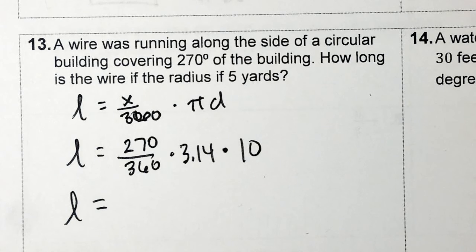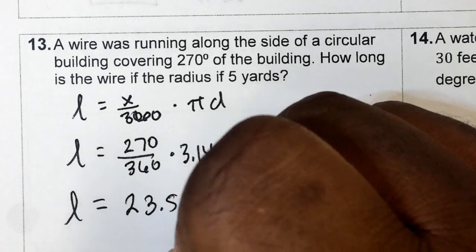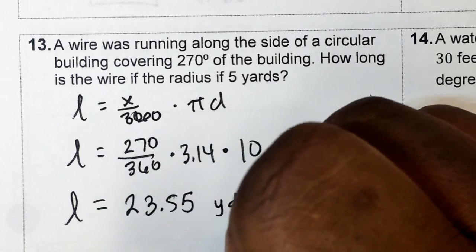They don't tell us how to round, but let's stay consistent like we did up top. For arc length, let's do hundredths. Okay. 23.55. This would be just yards.